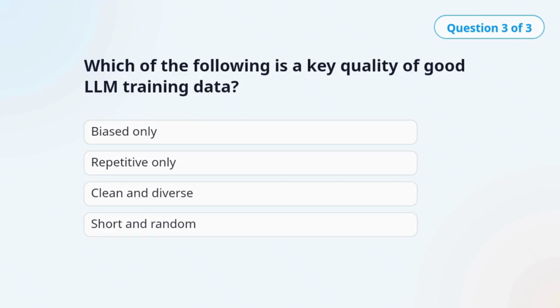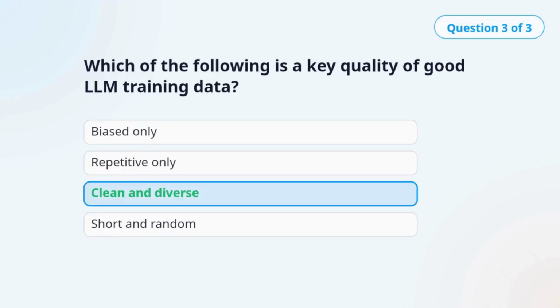Question 3. Which of the following is a key quality of good LLM training data? The correct answer is clean and diverse. High-quality LLM data should be clean, diverse, accurate, and suitable for the model's purpose.